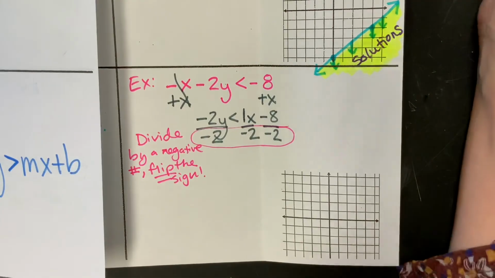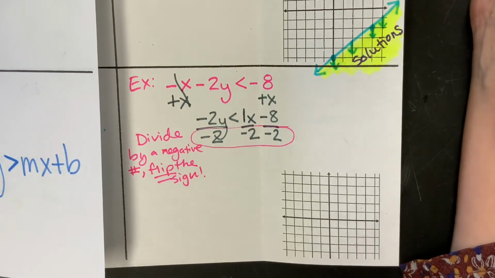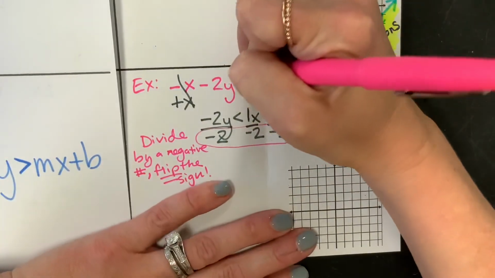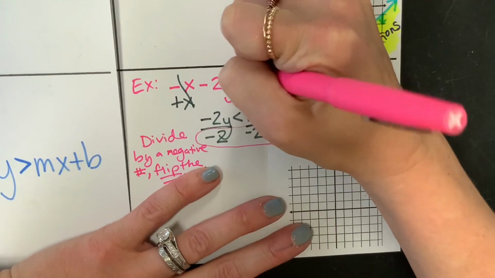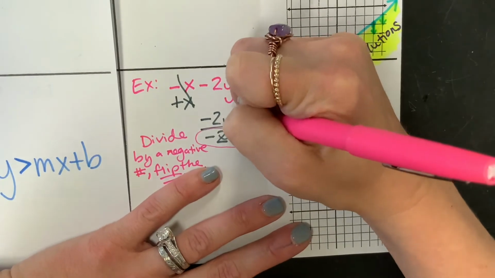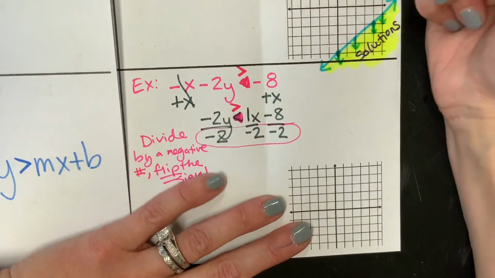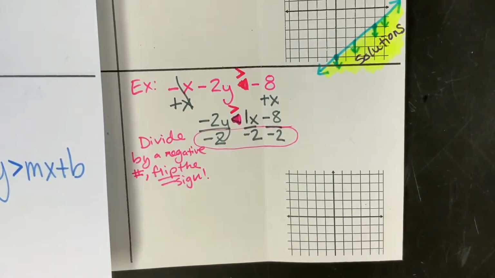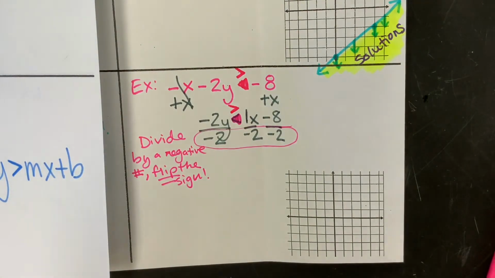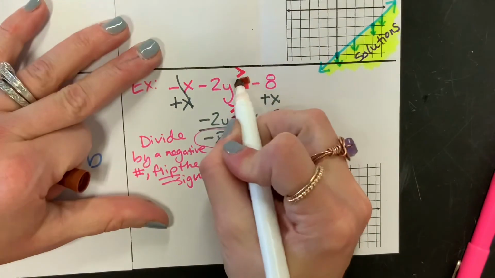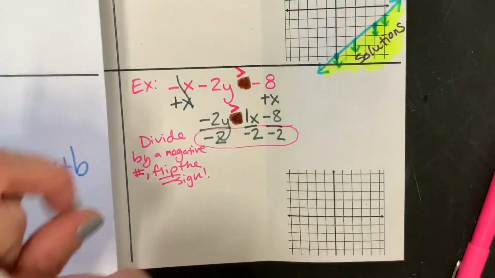Can y'all do me a favor? In the beginning, switch those greater than symbols. So now what symbol is it going to be? If I flip the greater than symbol, what does it become?